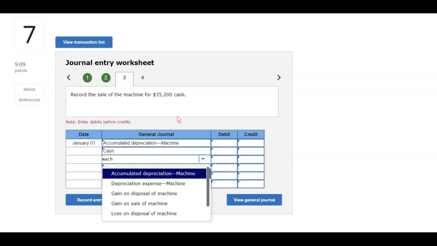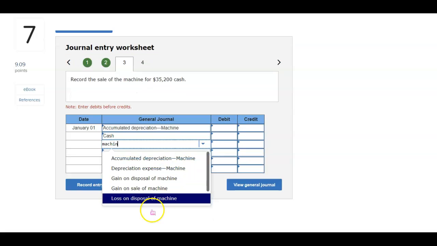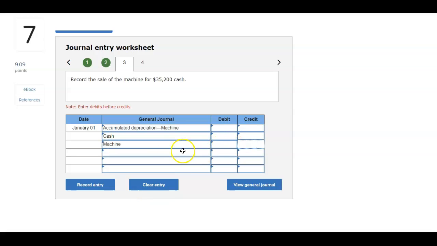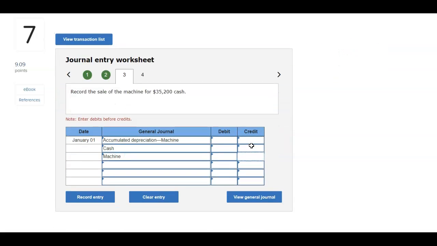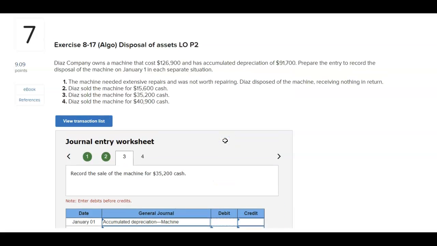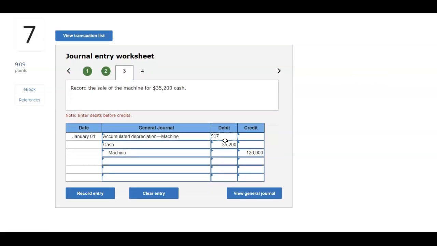And then we'll say machine. All the way at the bottom. Because machines are an asset, when you're getting rid of them, it counts as a credit, right? So 12,600, 12,600, and we're gaining 35,200 cash, and it depreciated 91,700. Okay.